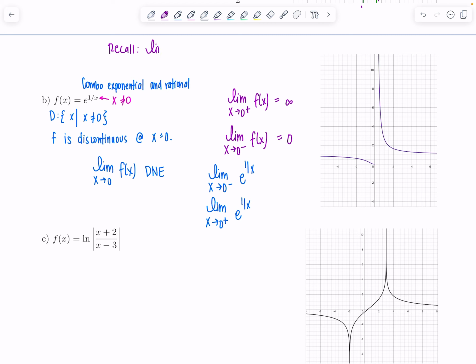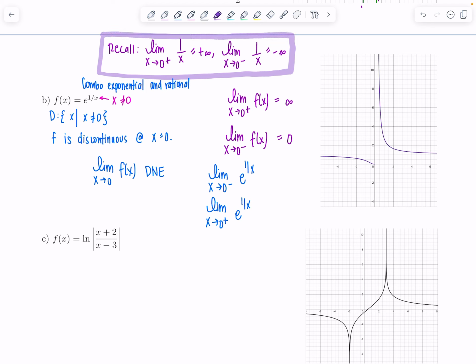We talked about infinite limits in a previous lesson. The limit as x goes to 0 from the right of 1 over x is positive infinity, and then the limit as x goes to 0 from the left of 1 over x is negative infinity. I'll link a video on infinite limits in the description if you're curious to know more about why, but you don't need to stress about that in this course, more for like a pure calculus course.